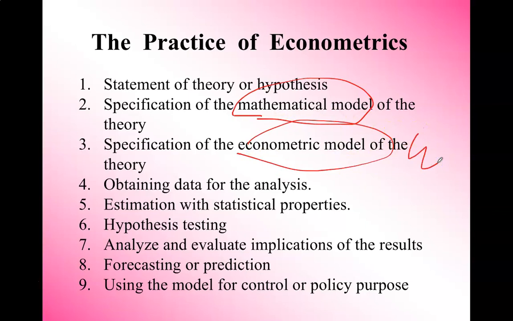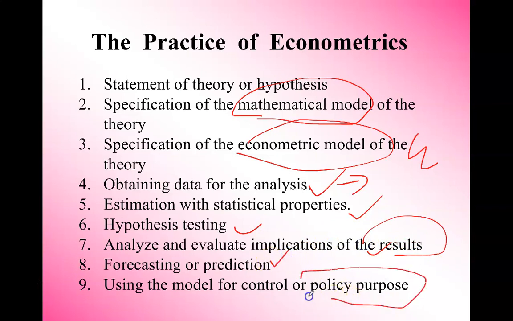We explain in the next chapter. Then obtain the data, collect the data, and then after that you do some analysis, some magic there. Put it in the software, get some results, do some hypothesis testing, analyze the result, interpret the result, and do some forecasting and use it for policy purposes.